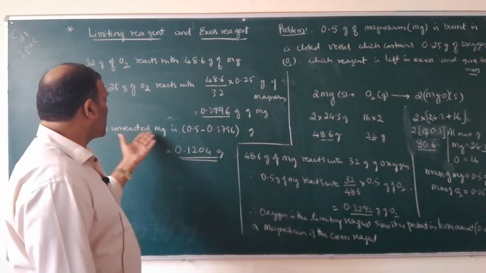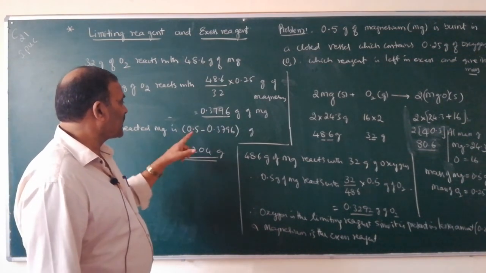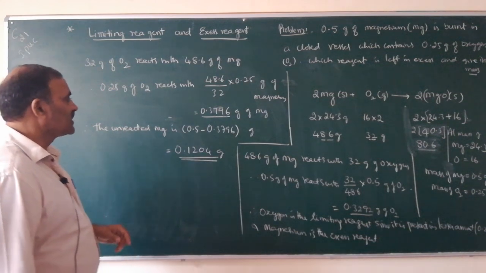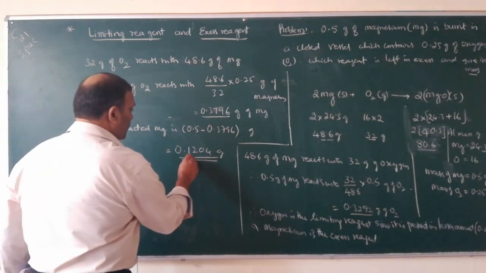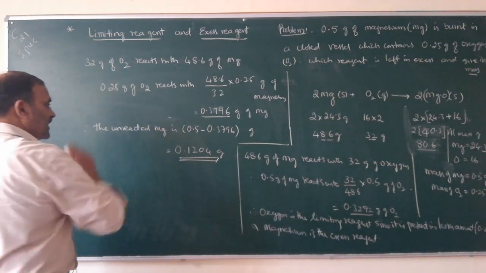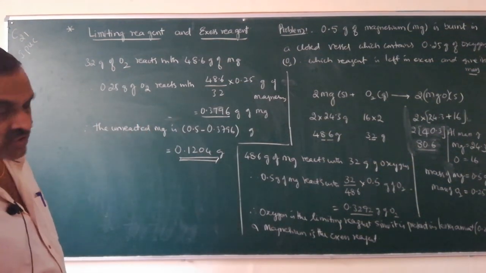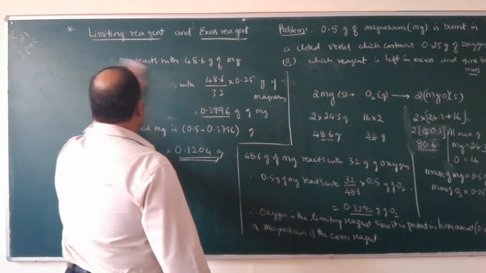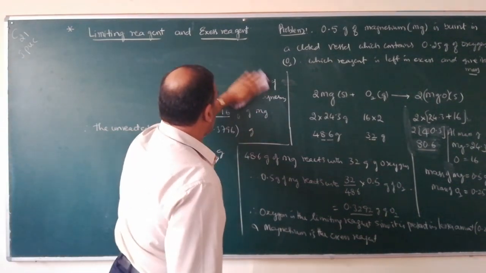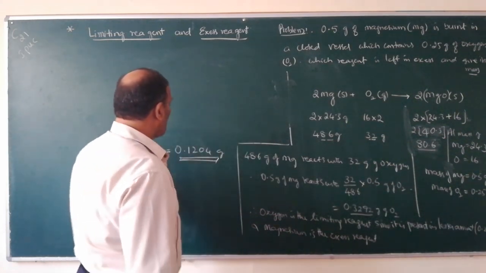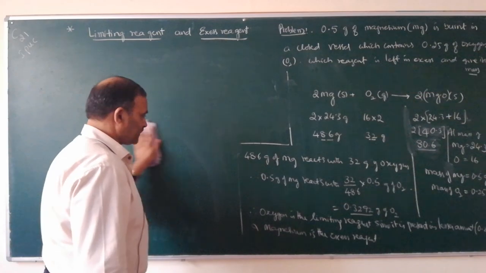So the amount of magnesium remaining unreacted is 0.5 minus 0.3796 grams, since it is an excess reagent. Understood? The definitions of limiting reagent and excess reagent are very important, and now you know what they are.